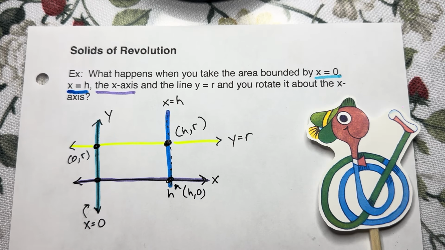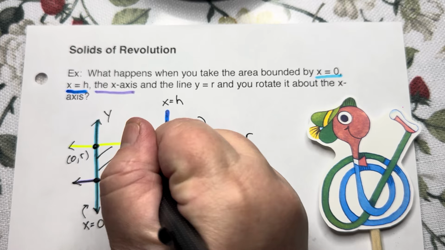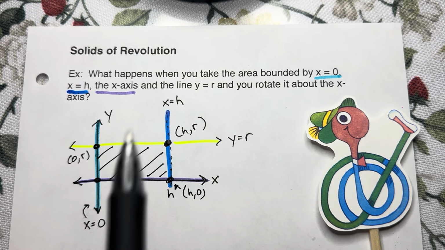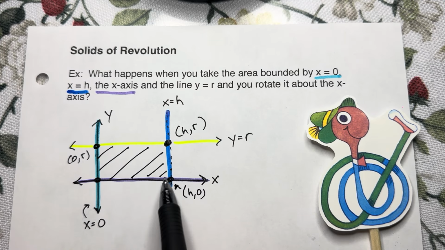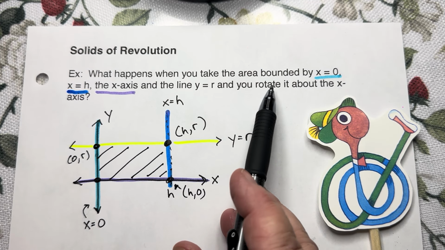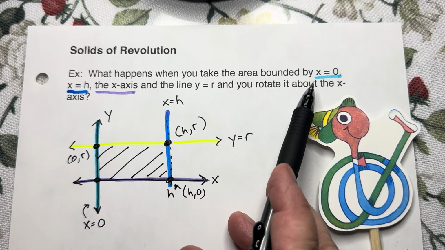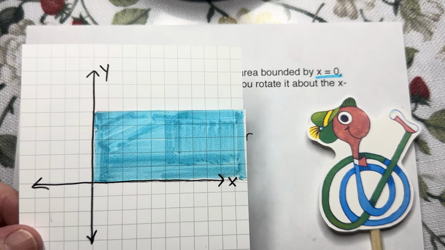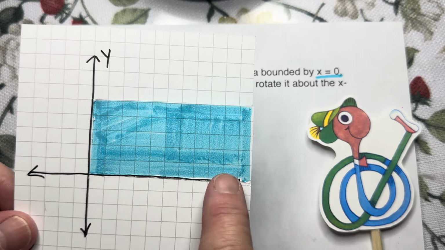Okay, so what's the area bounded by all four of these? It's this. It's a rectangle, and we want to take this rectangle and rotate it about the x-axis. Now, rotate means something in particular. So now I've got my visual aid. Here's a similar rectangle.